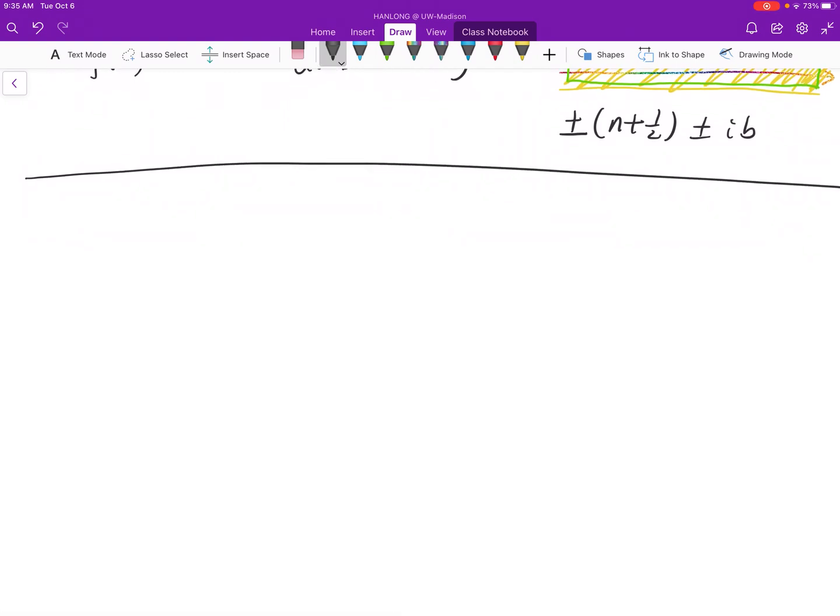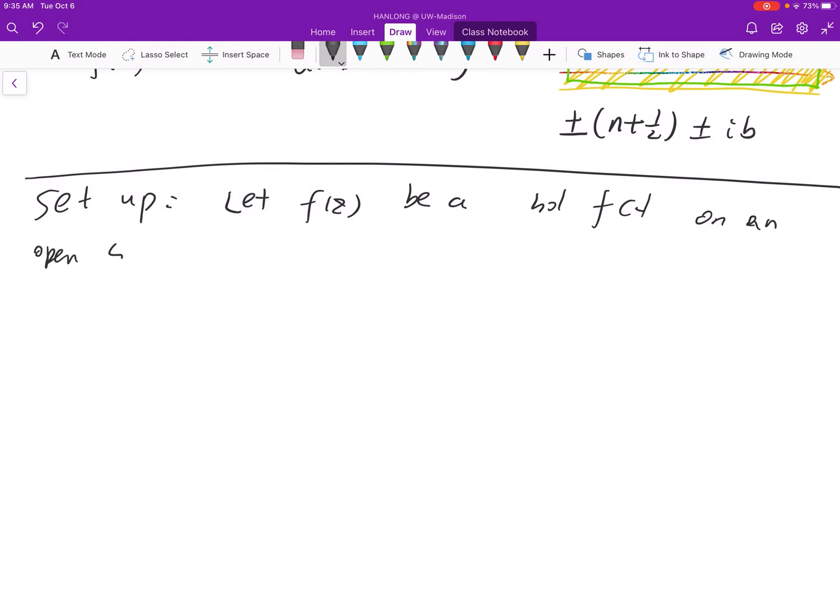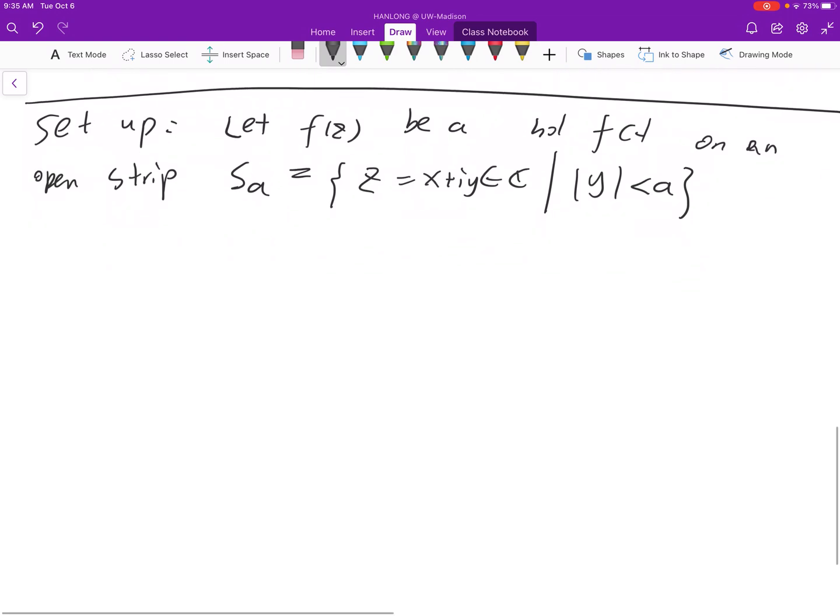There will be some technical issues doing the Fourier transformation and the contour integral. So let's set up. Let f(z) be a holomorphic function on an open strip S_a, equal to the set of complex numbers z whose imaginary part has absolute value less than a.